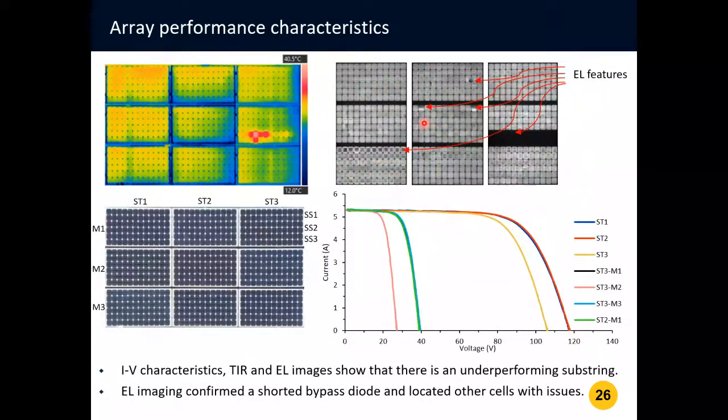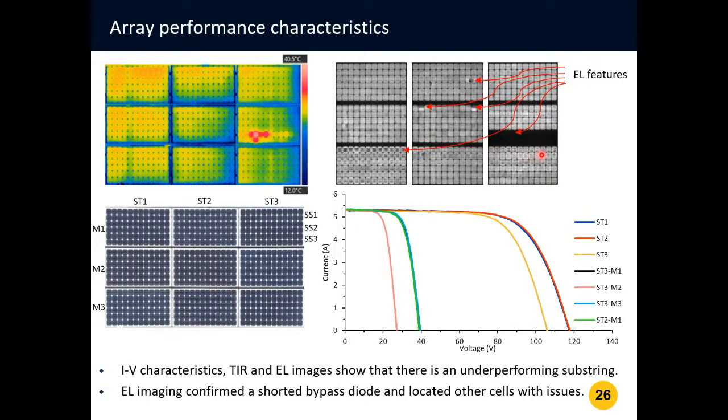Okay, the EL image of the array shows that the substring with hot cells is dark. That's indicating that it has a faulty or a shorted bypass diode.